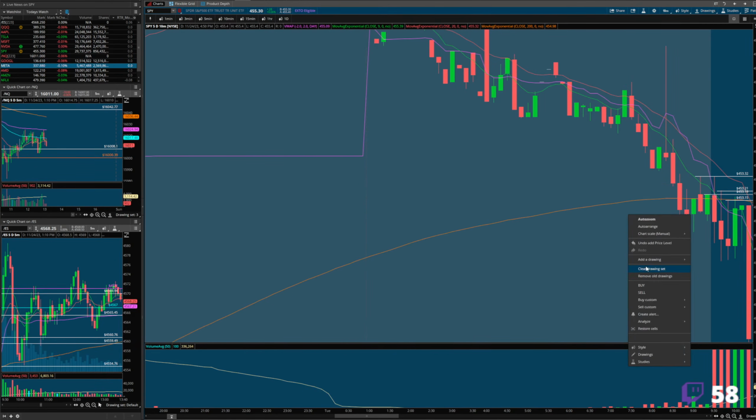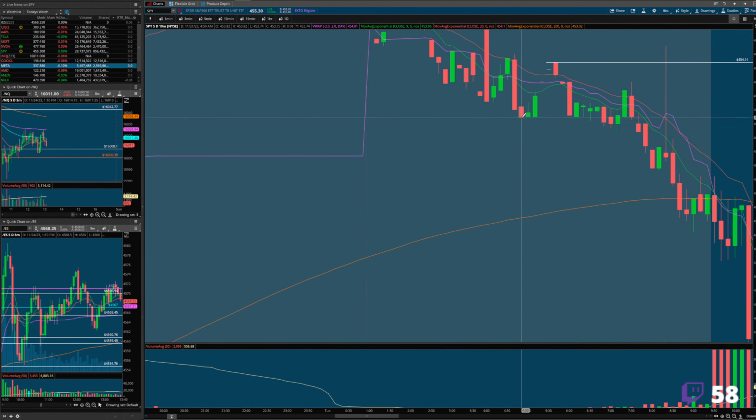And look at your pivot points, your swing highs and swing lows. There's your high. Lower low. Lower high. Lower low. Lower high. Lower low.